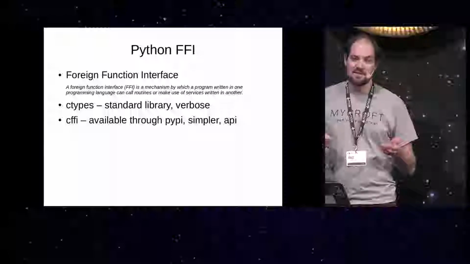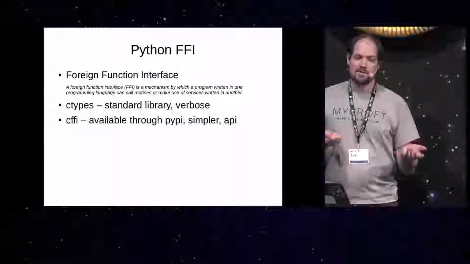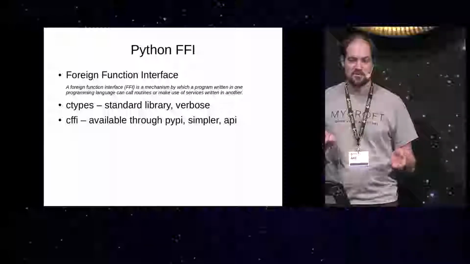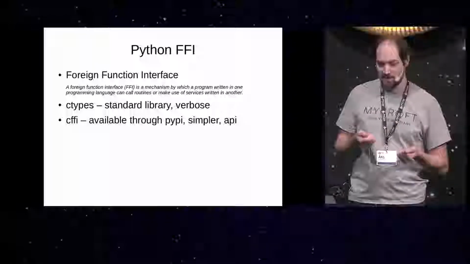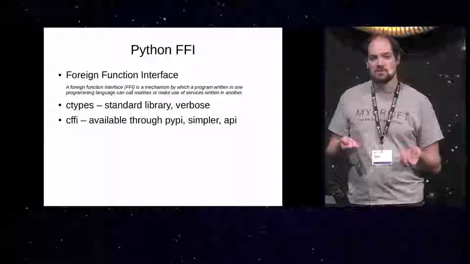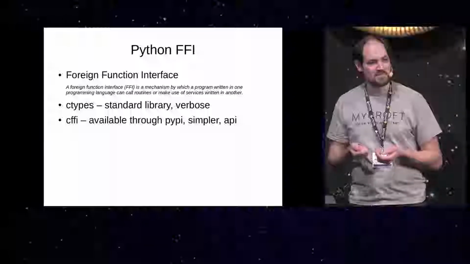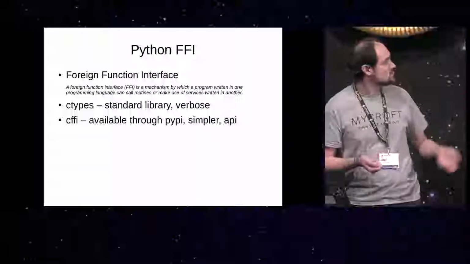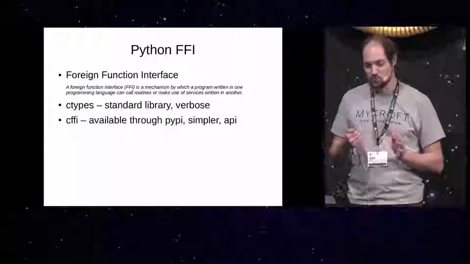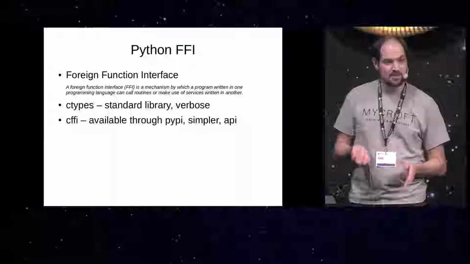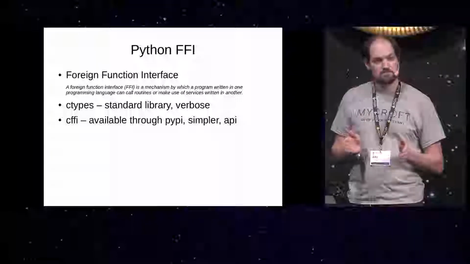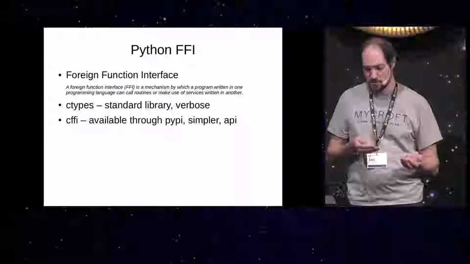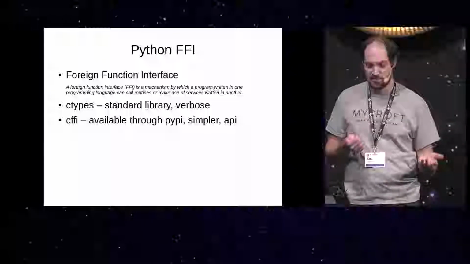After doing 5 hours of creating an example and testing and stuff, I wondered if there's anything else besides ctypes. And I found CFFI, which is much more modern. So this talk is going to first talk about ctypes, and then we're going to talk a bit about CFFI.